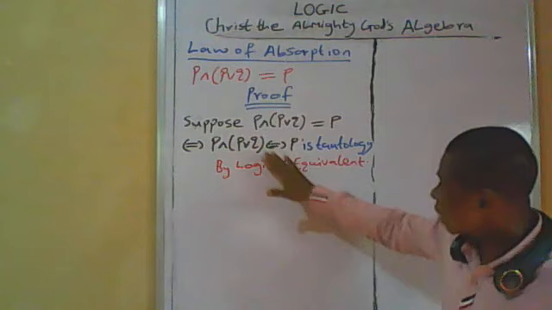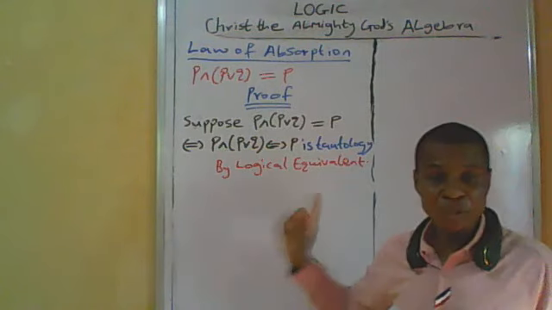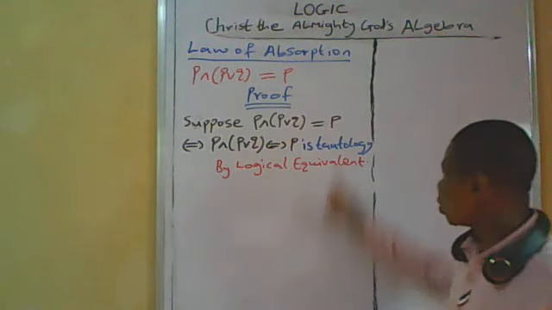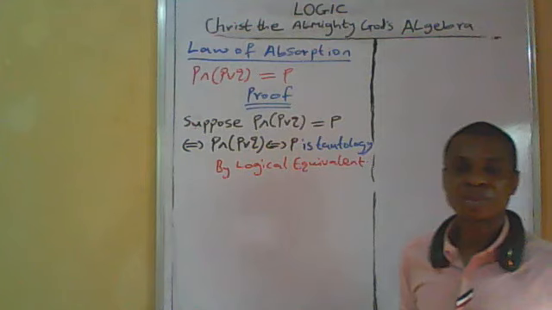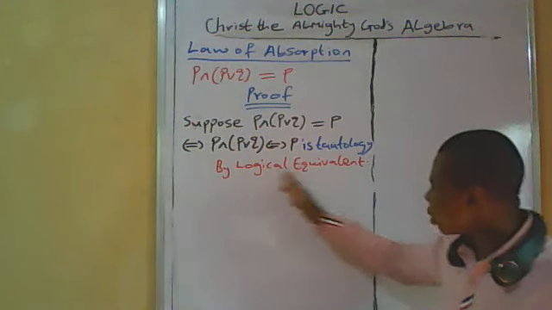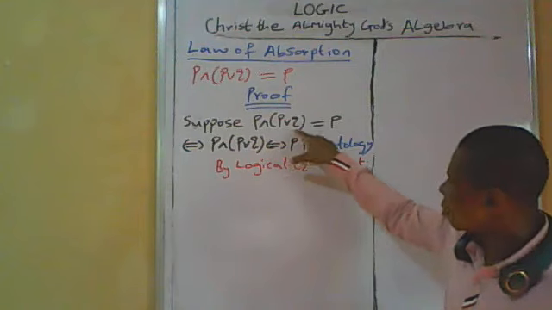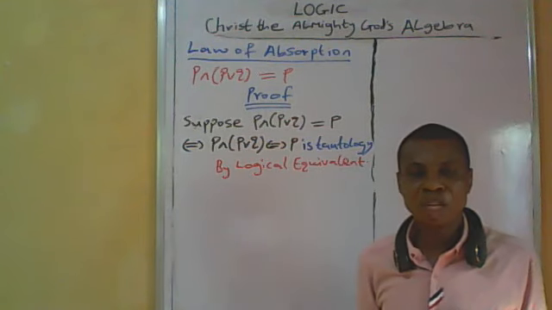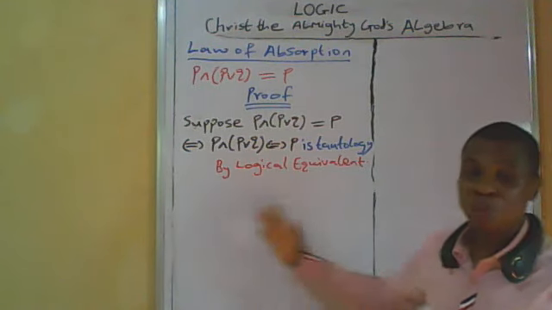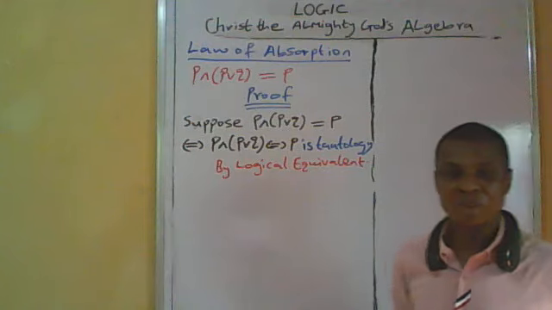If you write this statement, there's no possibility of getting falsity, always truth. You say that it is a tautology. It is being justified by logical equivalence, because it is a true logical equivalence that transforms this equation to a biconditional statement.